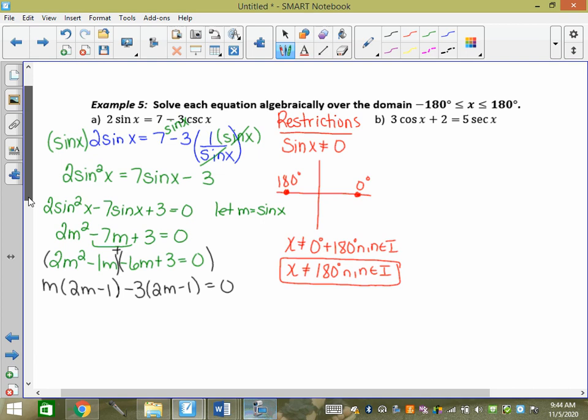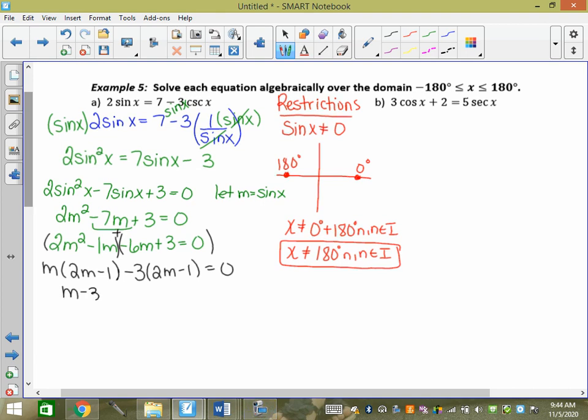So I get (m - 3)(2m - 1) = 0. I get m = 3, m = 1/2, and m happens to be sin x.